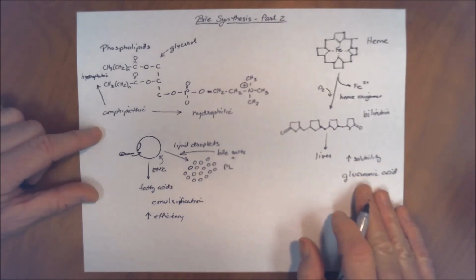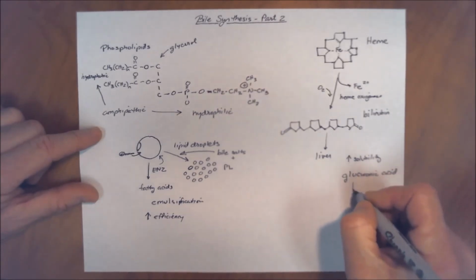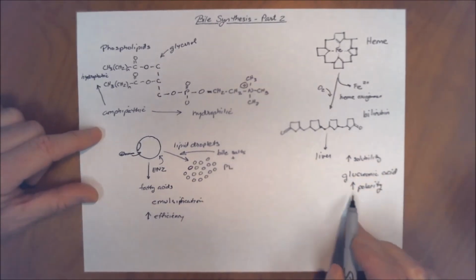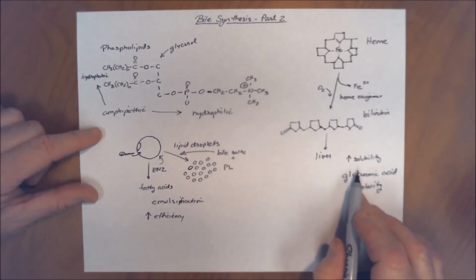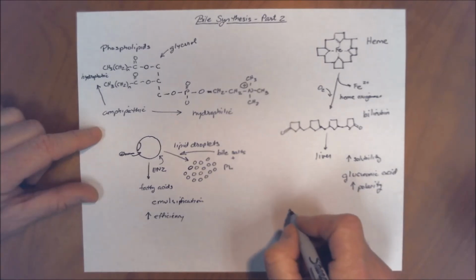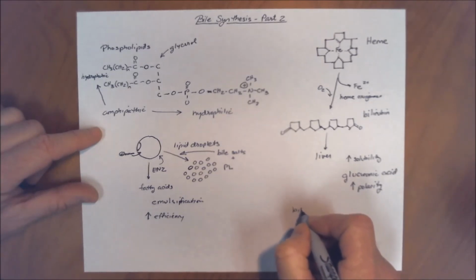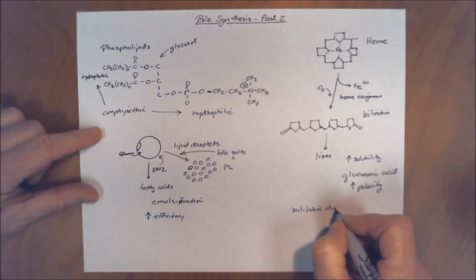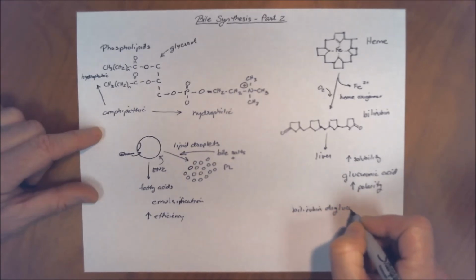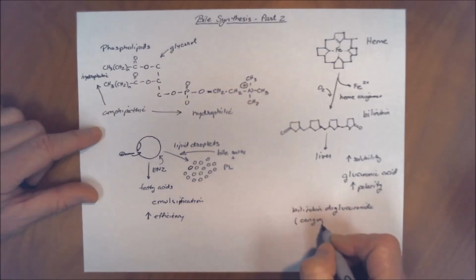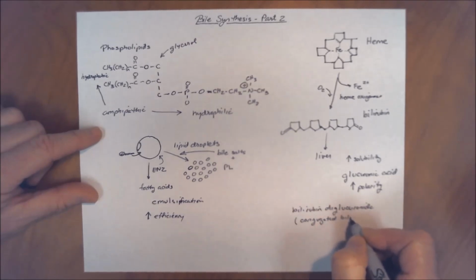The important thing to remember is that we are increasing polarity. Now recall from general chemistry, as we increase polarity, we increase solubility in an aqueous environment. So we are going to put 2 of these groups on the bilirubin, and this is going to be bilirubin diglucuronide. This, in medical terms, is considered conjugated bilirubin.